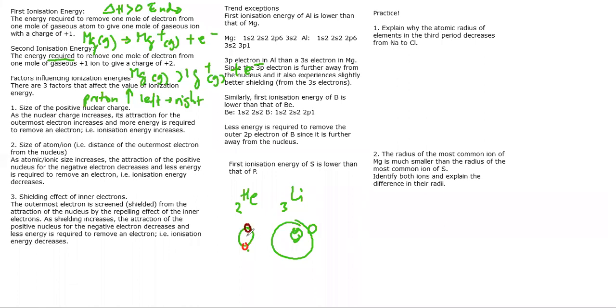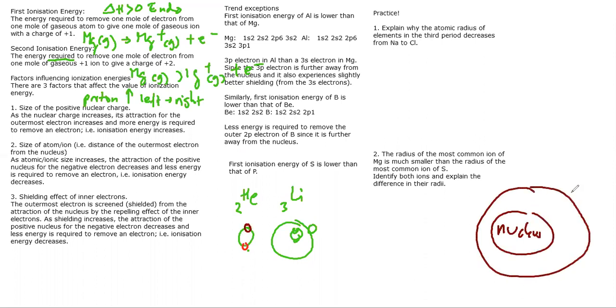So here these 2 electrons are closer to the nucleus, so it will increase the effective nuclear charge. If you imagine that you have a nucleus and an outer shell electron, in a neutral atom there is an attraction between this electron and the nucleus.